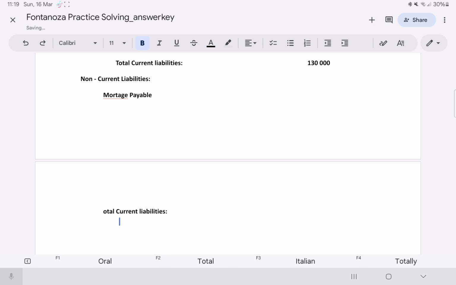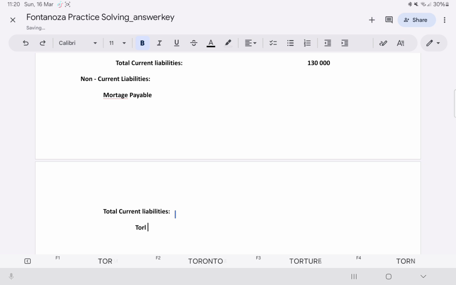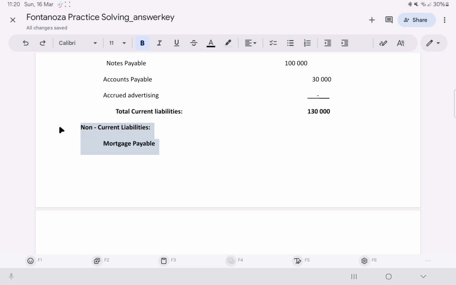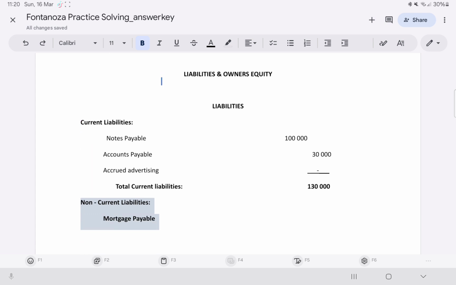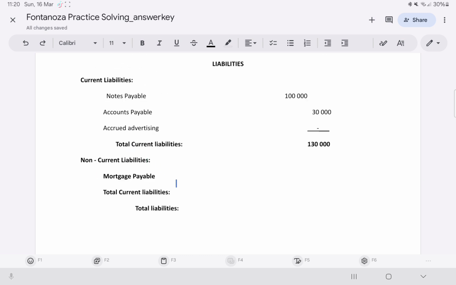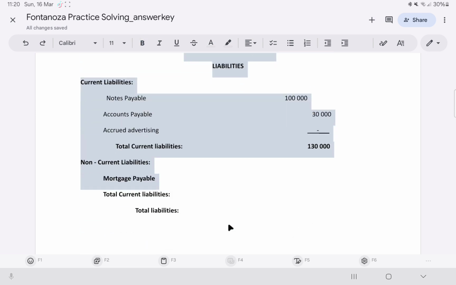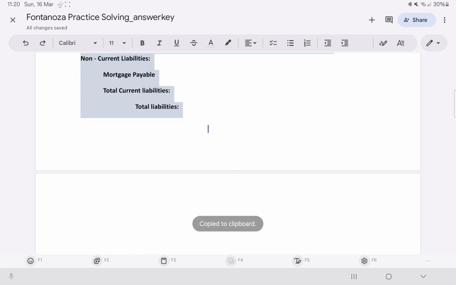But in this problem there are no non-current liabilities, so I copy this as a sample format.